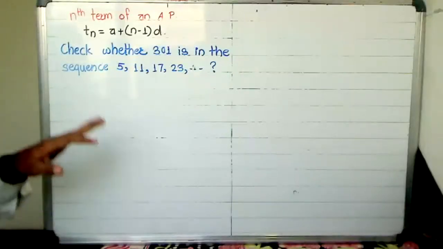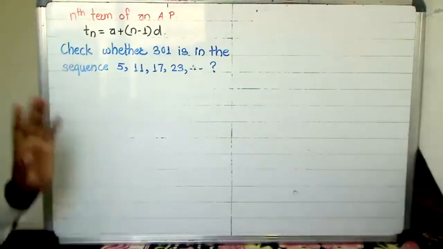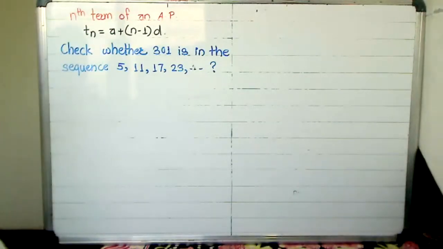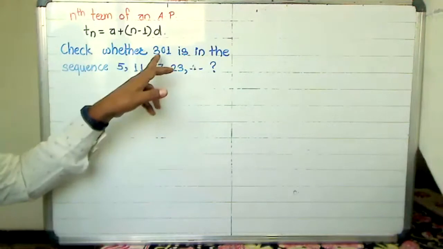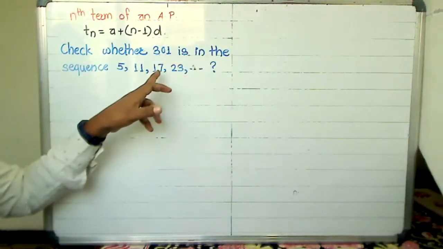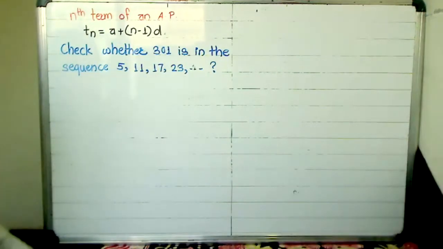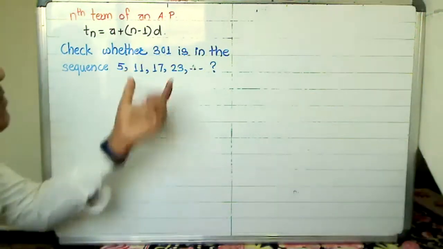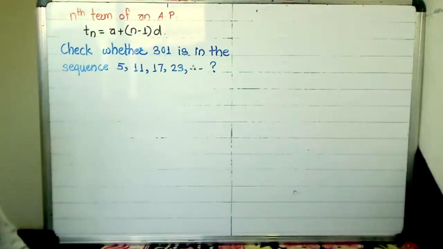Now our next question is, we have to check whether 301 is in the sequence 5, 11, 17, 23. It's a bit tricky question, because in the earlier two examples we solved, the sequence was not given, an arithmetic progression was given.